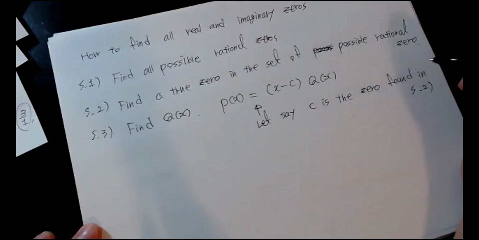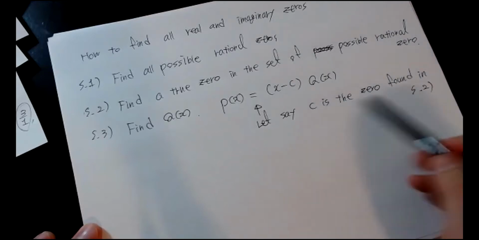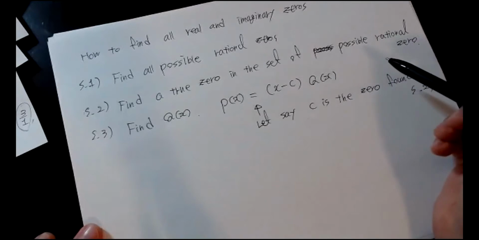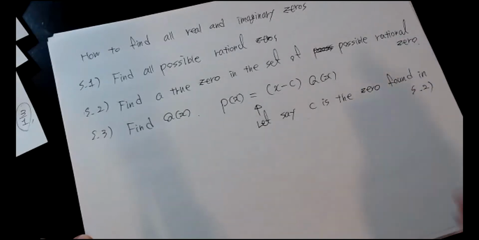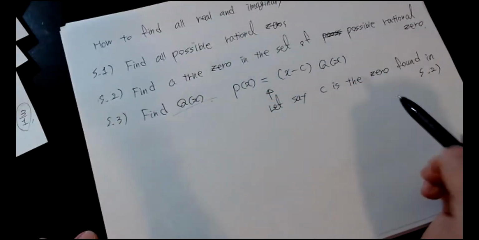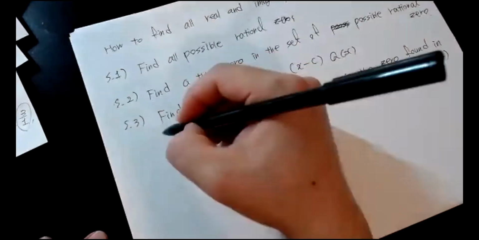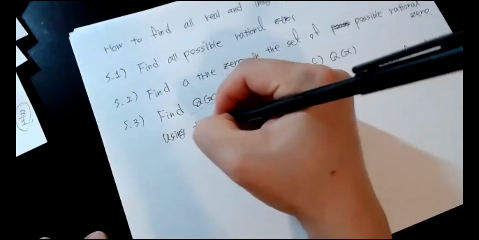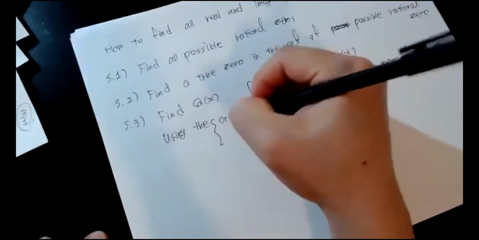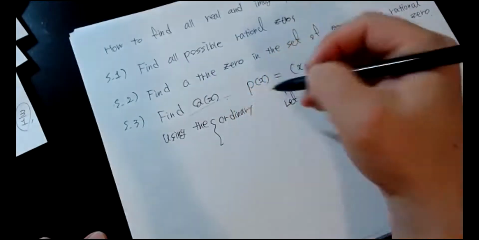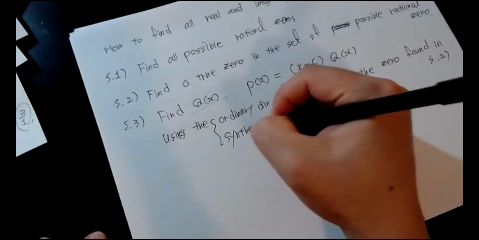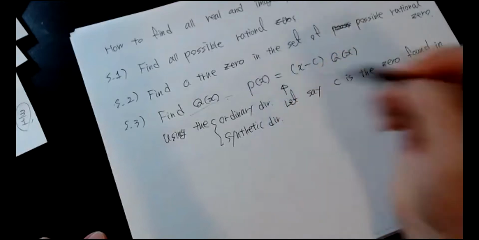The remainder must be 0, because it turns out that c is an actual zero. It means the remainder must be 0, by the factor theorem. Then we figure out q of x using ordinary division, standard division, or synthetic division.